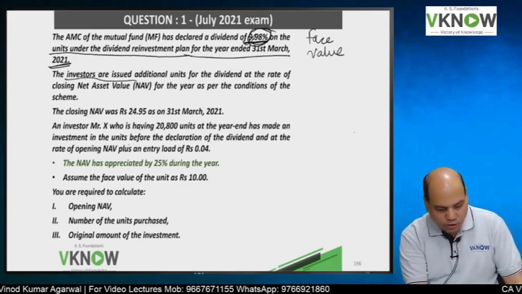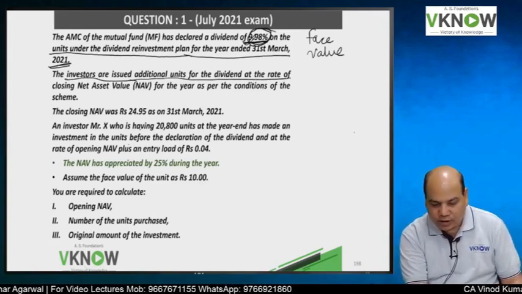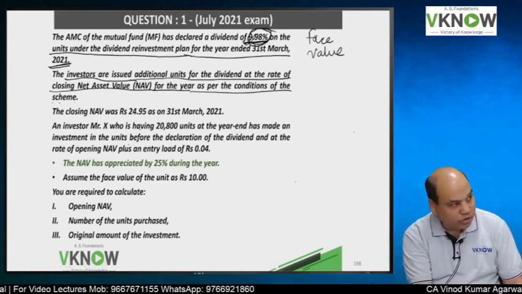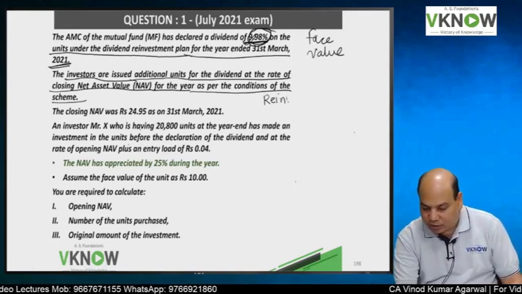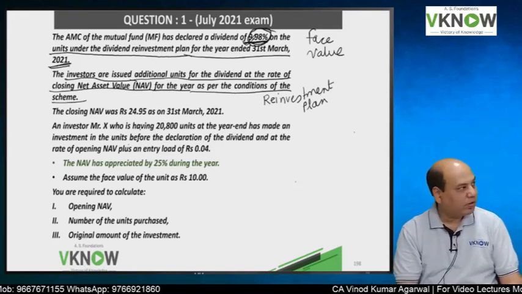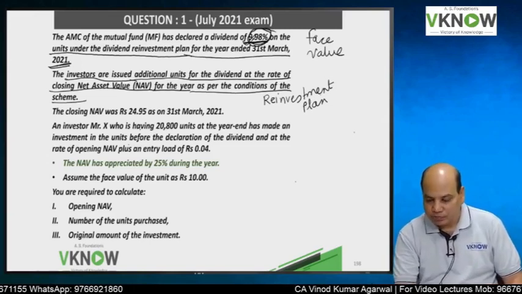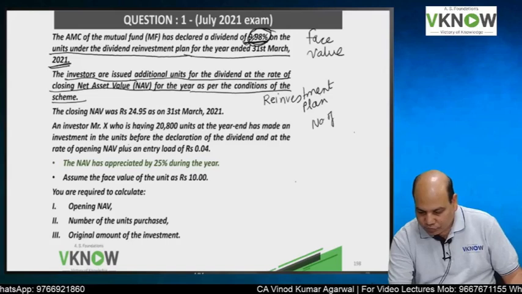The investors are issued additional units for the dividend at the rate of closing NAV for the year as per the condition of the scheme. This is a reinvestment plan. This type of plan is called dividend reinvestment plan. Have you studied dividend reinvestment plan? So you will calculate the number of units reinvested.